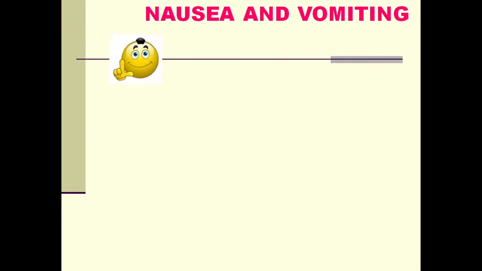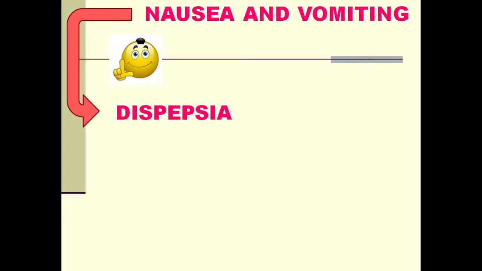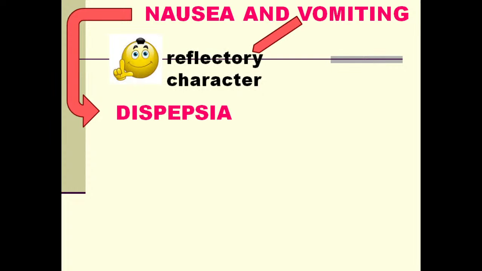Nausea and vomiting, I'll pay your attention. Nausea may be a result of dyspepsia due to absorption of incompletely digested toxic substances into the blood, as with any organs, gallbladder, intestine. But vomiting has another origin. It is not a result of dyspepsia, because vomiting is removing of stomach content.